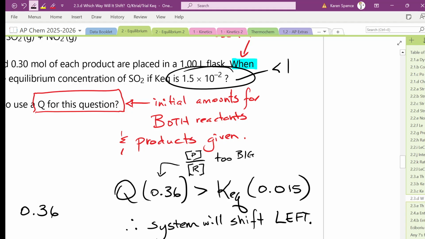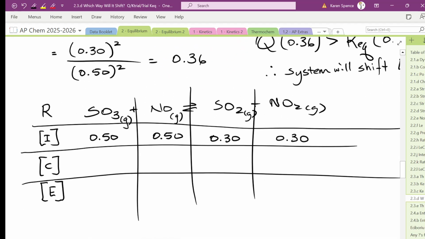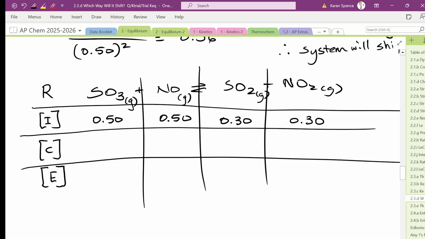So this favors the reactants. This particular equilibrium favors the reactants. Now, the question is then, is it favoring the reactants enough yet? Or is it favoring the reactants too much? Or is it not favoring the reactants enough yet? And that's what the Q is going to tell you.